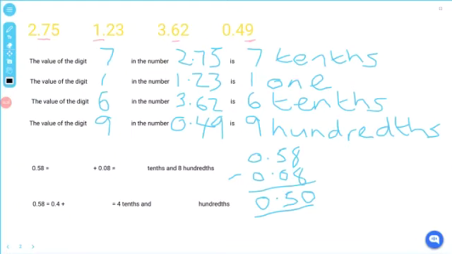So we don't have anything in our ones column, so that's 0. Then we have a point, and we have 5 in our tenths, and we don't have anything in our hundredths column, so we know it is 0.5.